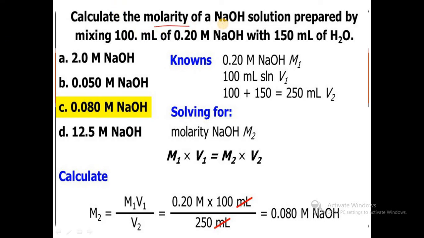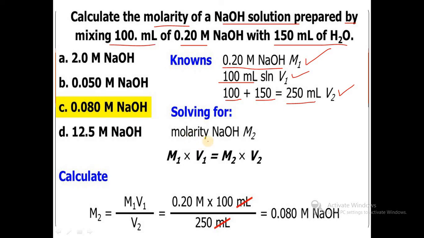Calculate the molarity of NaOH solution prepared by mixing 100 ml of 0.20 molar NaOH with 150 ml of water. Given values are 0.20 molar NaOH, so it is M1, 100 ml of solution V1, and total volume is 100 plus 150, that is 250 ml, that is V2.